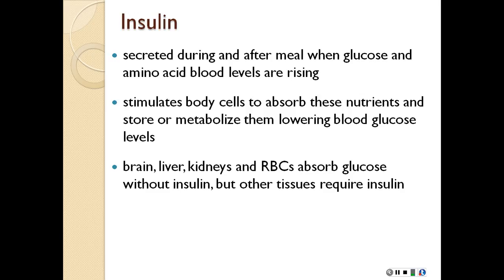And this is an interesting point here. The brain, the liver, and the kidneys, as well as red blood cells, absorb glucose without insulin. The cells of those organs are able to bring glucose inside without insulin binding to them. But all the other body tissues are going to need insulin in order to receive the blood glucose.